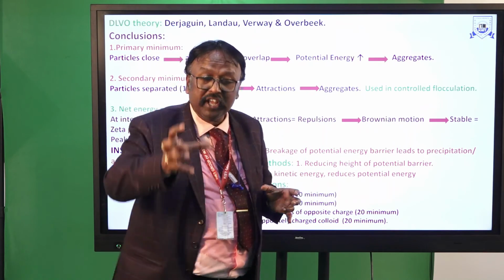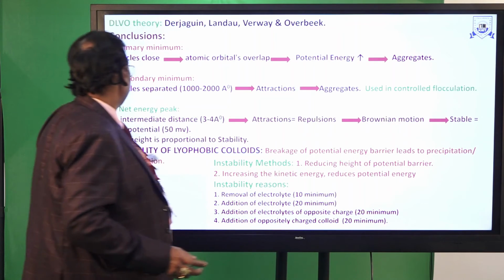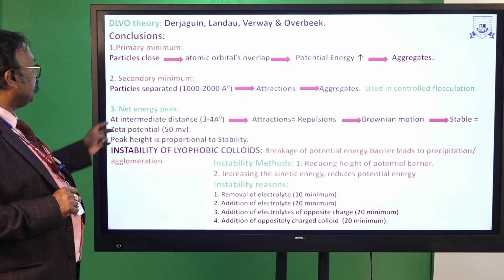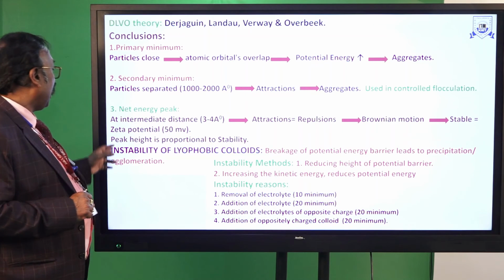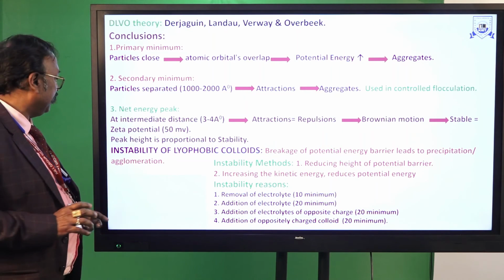Due to that Brownian motion, a stable colloid is obtained, with zeta potential of 50 mV, and peak height is proportional to stability.